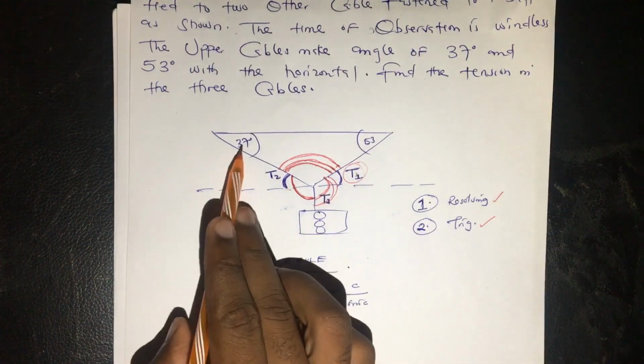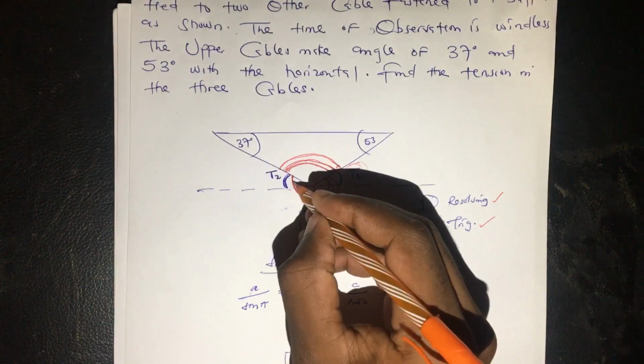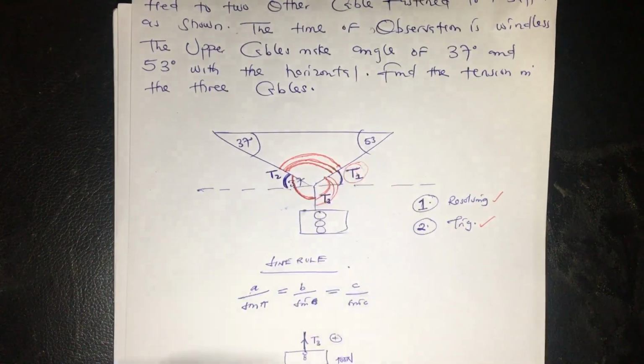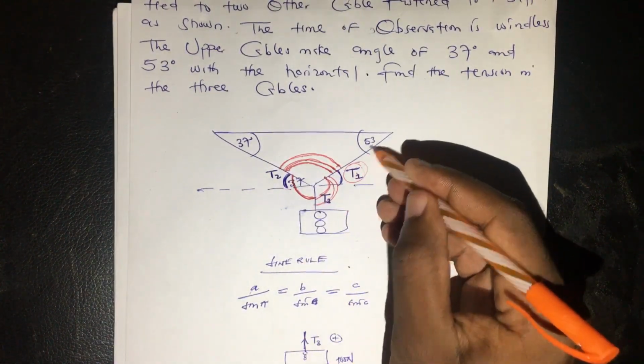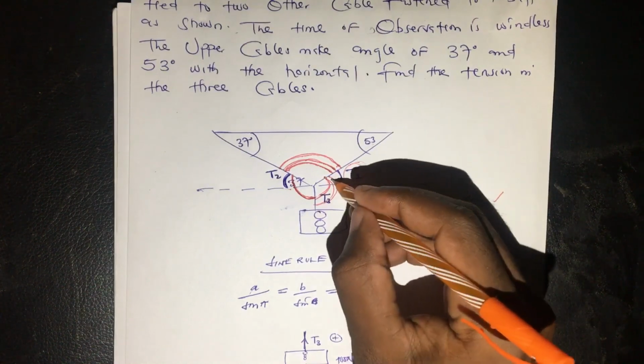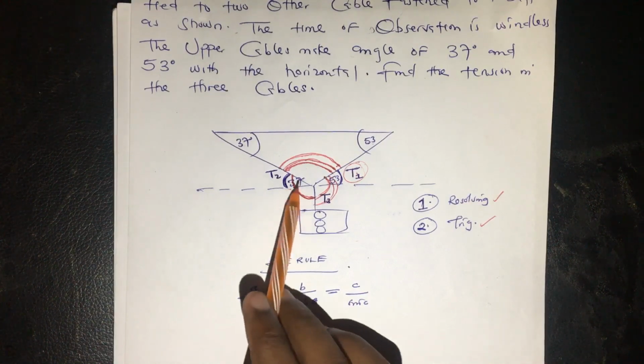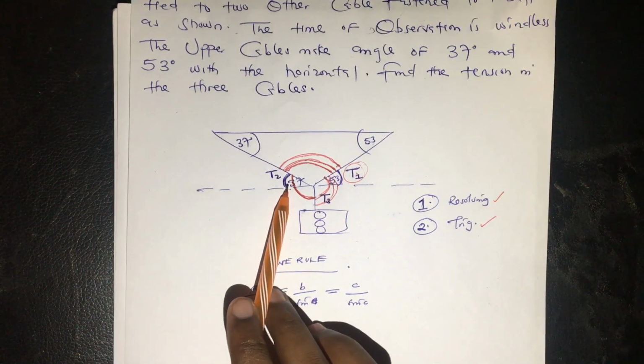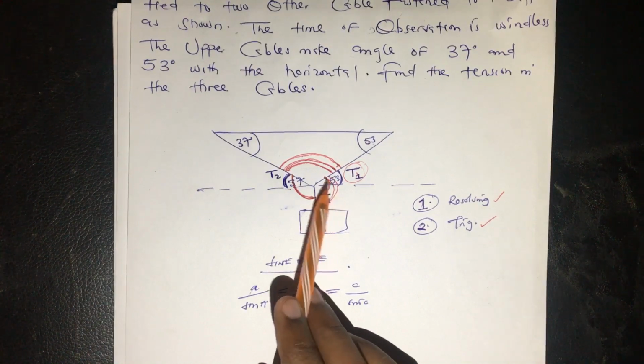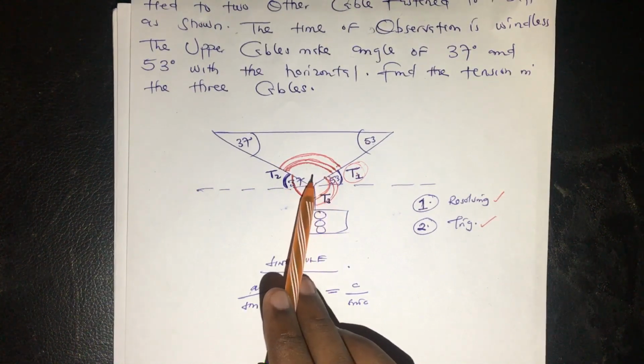Meaning that if I have 37 here, even here I have 37. If I have 53 there, even here I have 53. Then what angle am I going to have here?